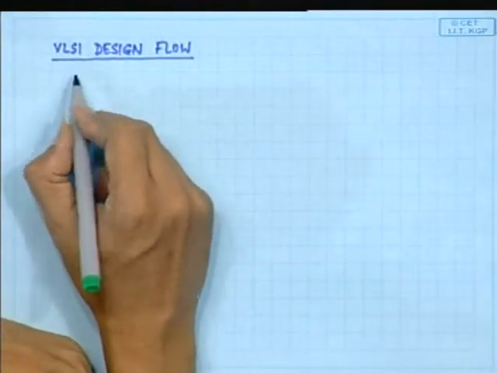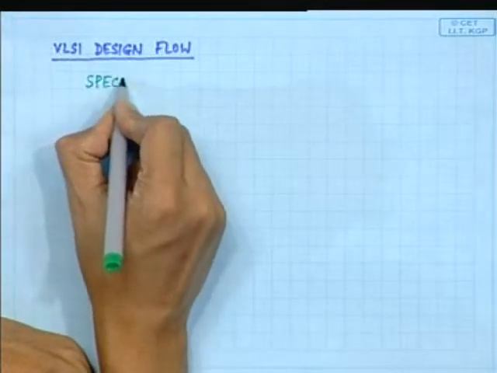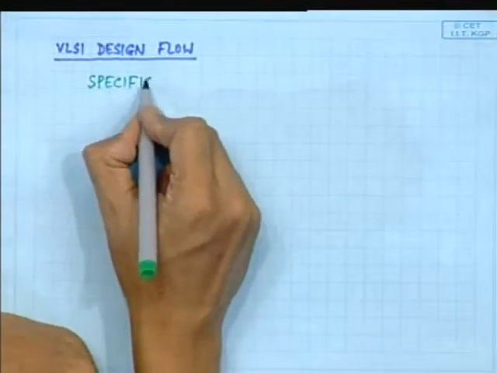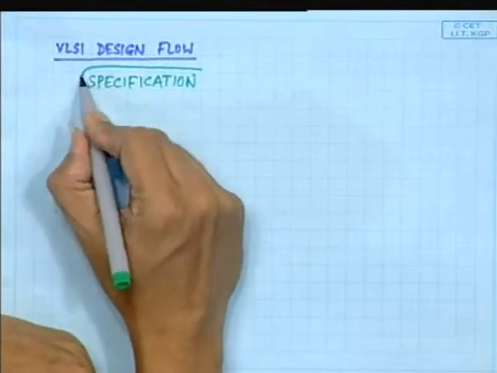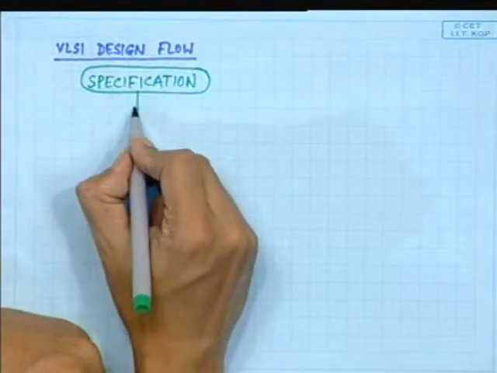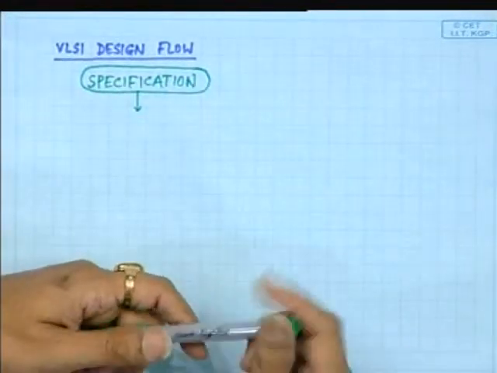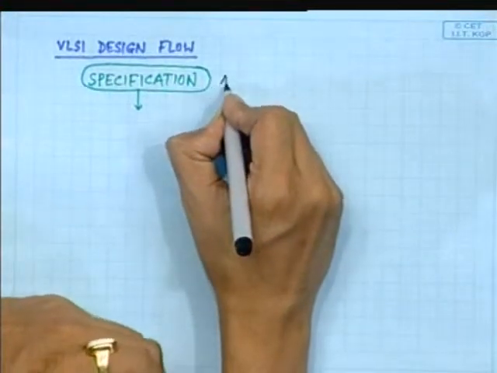At the top level, it is the specification that we start with. Specification is something which says that we want to design a chip, and what should be its purpose. So that will be, you can say, an architecture or algorithmic level description.